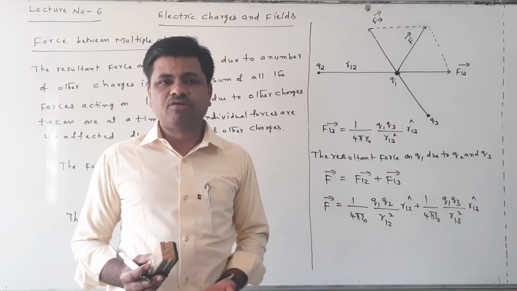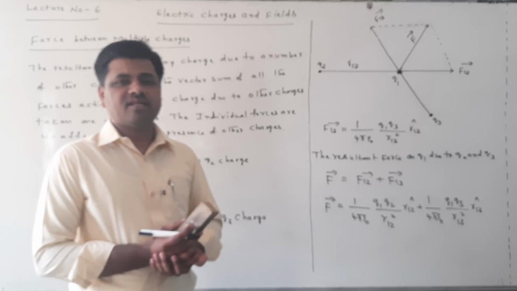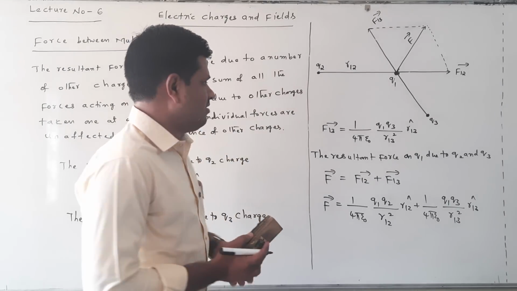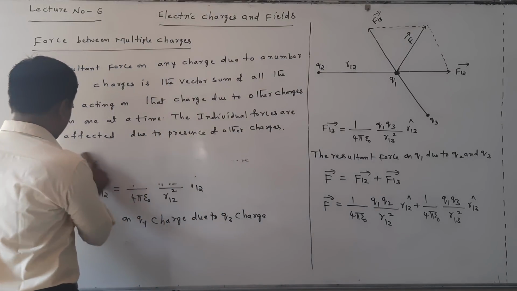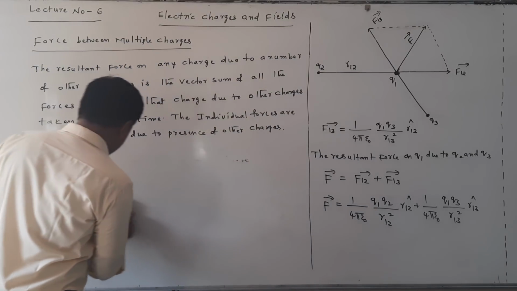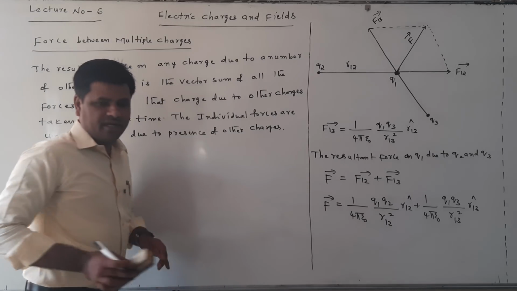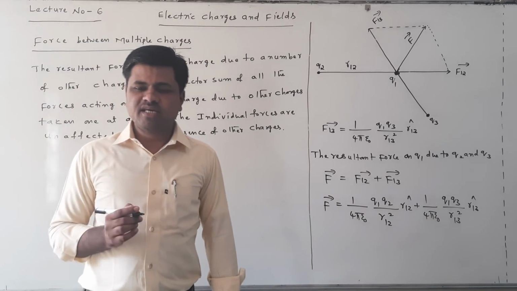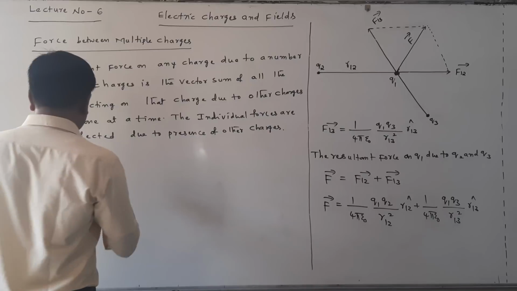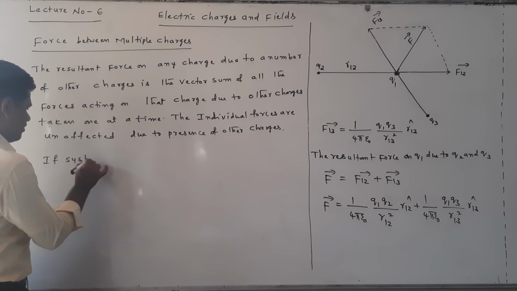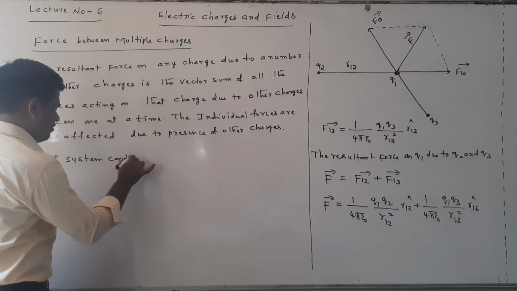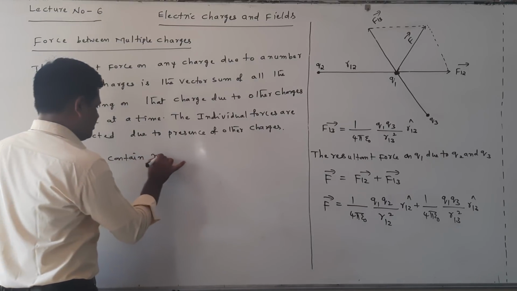This equation we have to generalize for how many charges? N charges. Right. Now for n charges we write the equation. I am writing again here. This equation is generalized for n charges.